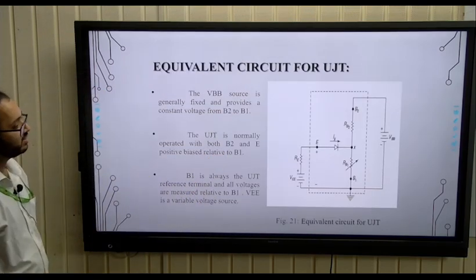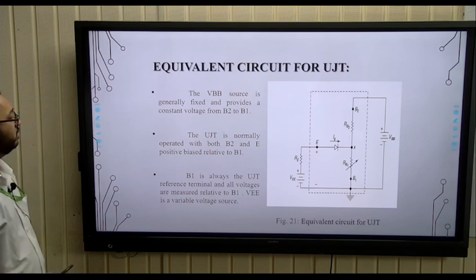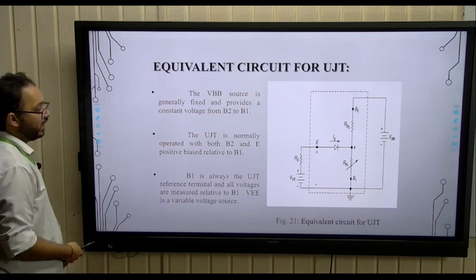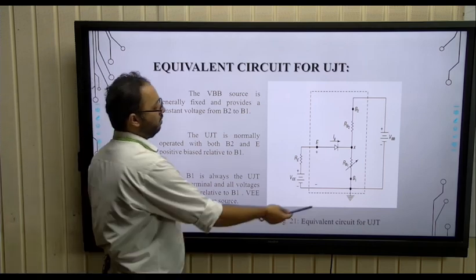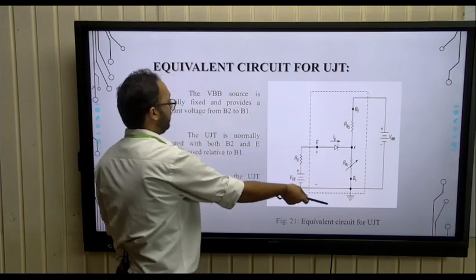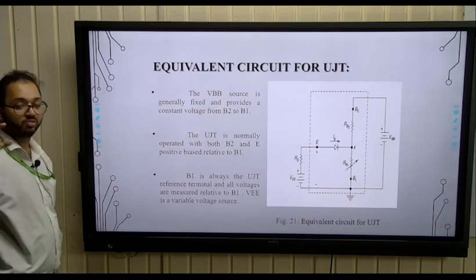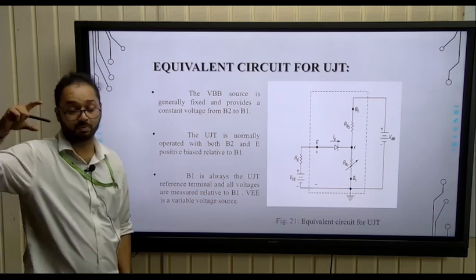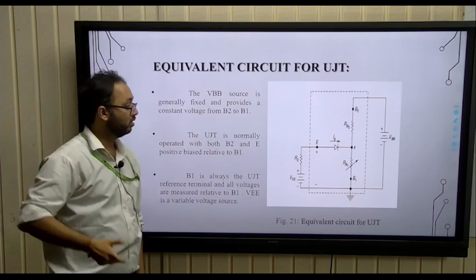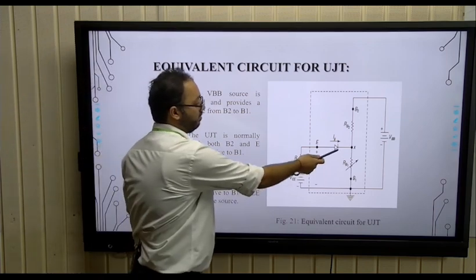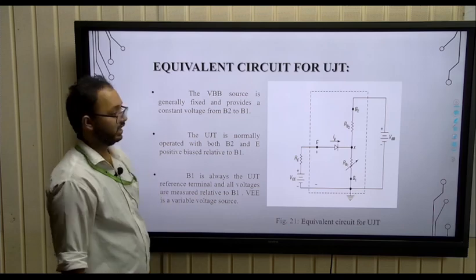This is the equivalent circuit of the UJT, and when we are applying VBB, that is base to base, there is no forward or reverse in this, because you are applying at the same thing. It is only switching on when we are giving it a pulse from the E gate.